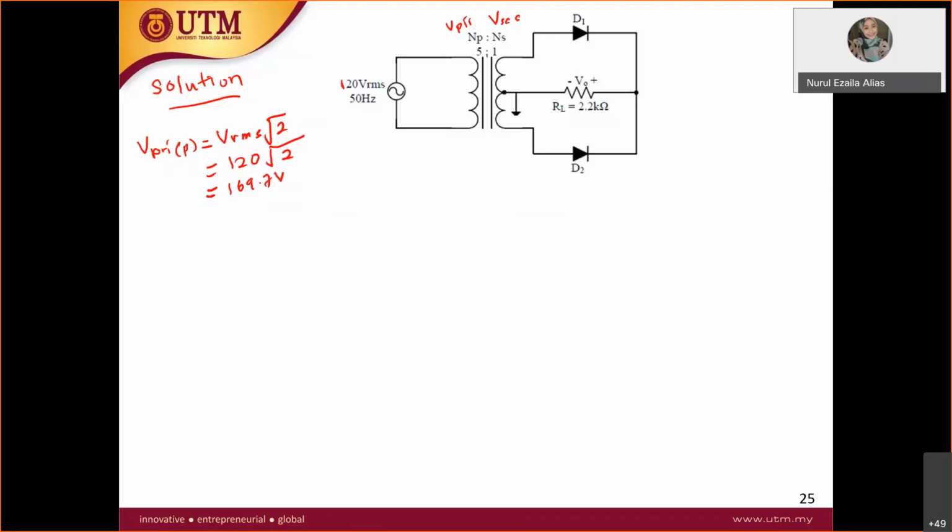Now V primary is 169.7. Can you get your V secondary peak value? What will be your V secondary peak value? This is step down, therefore V secondary equals to what?